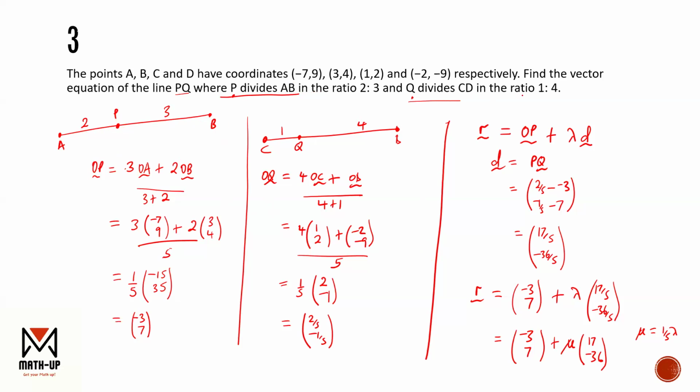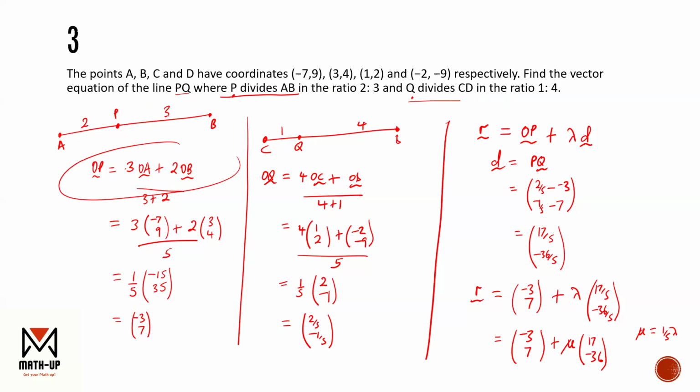So there we know it's an internal division because there is no negative that has been used on any parts of the ratios. Here we're simply substituting in the formula for finding the position vector of a point that divides a line segment into a particular ratio.